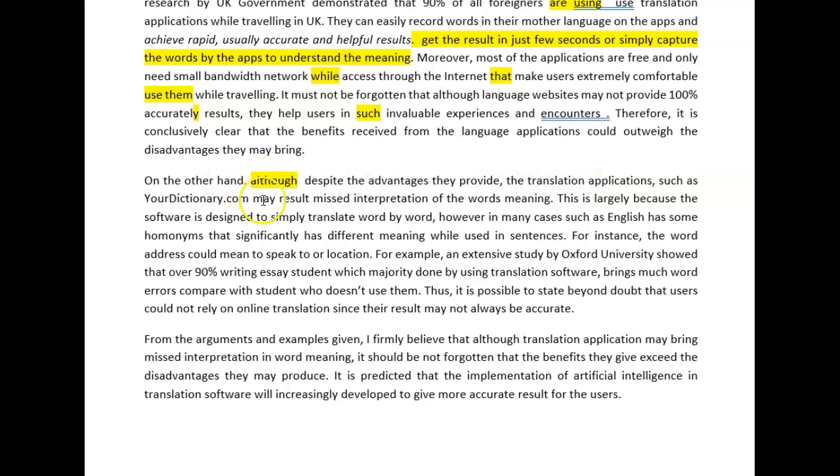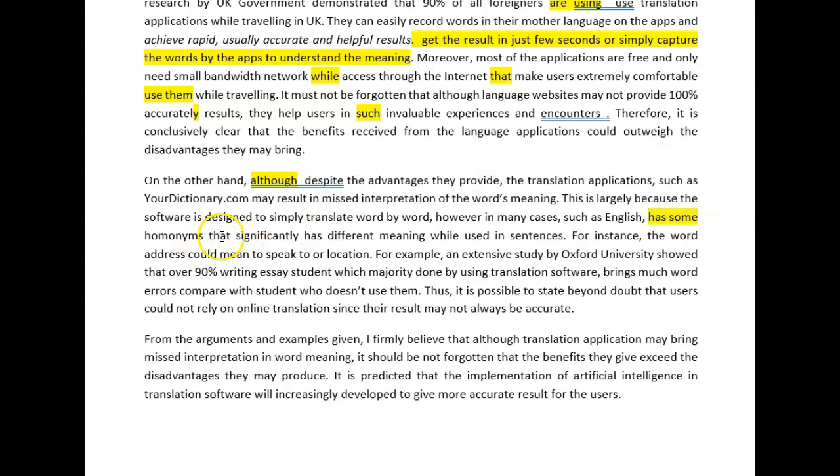The apps may result in misinterpretation of the word's meaning. This is largely because the software is designed to simply translate word by word. However, in many cases, such as English, you don't need that. That could go.